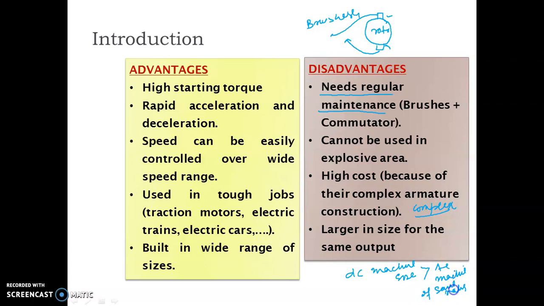So these are some disadvantages, but still it has a lot of advantages. So we are using DC machines mostly as motors, not as generators.